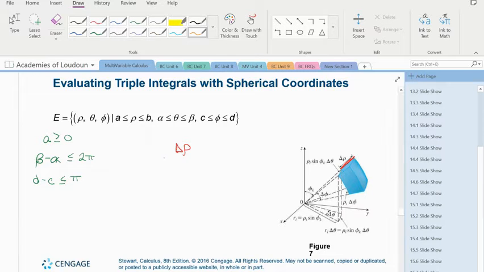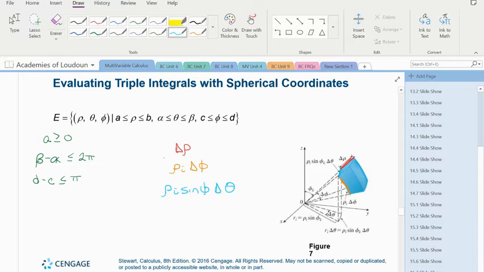We have rho sub i delta phi, which is this piece here. So rho sub i delta phi. And then lastly, we have this piece here, which is rho sub i sine phi delta theta.